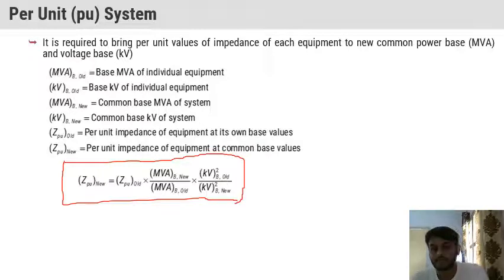If you try to memorize this formula, keep in mind this condition: if you put new here, then definitely power new is on the upper side. Okay, and the opposite is for voltage. So here you have the old value, old value KV square.